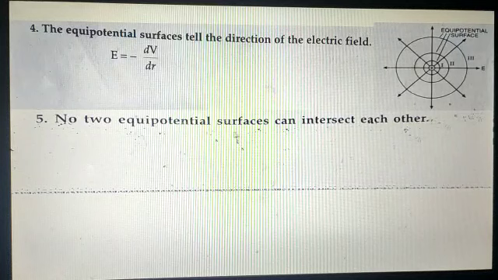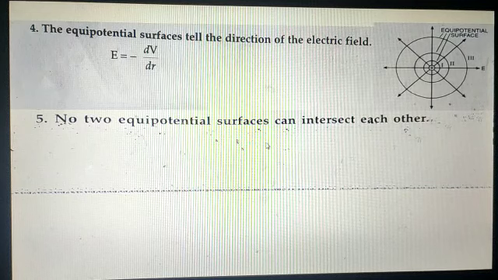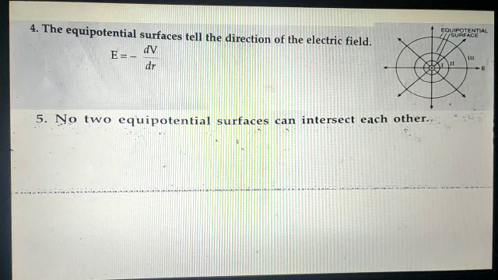No two equipotential surfaces can intersect each other. Suppose you consider two equipotential surfaces and assume that they are intersecting each other. Suppose one has a potential of VA and another equipotential surface has a potential of VB.